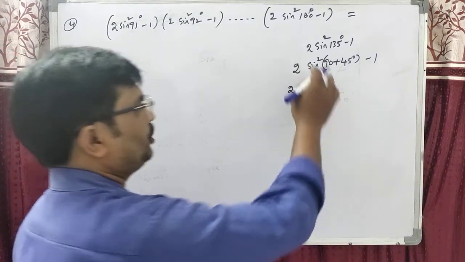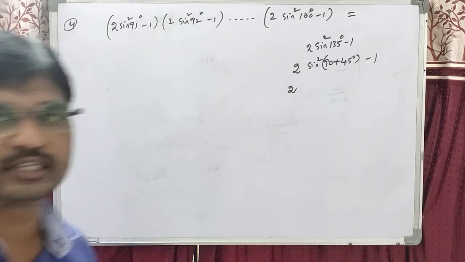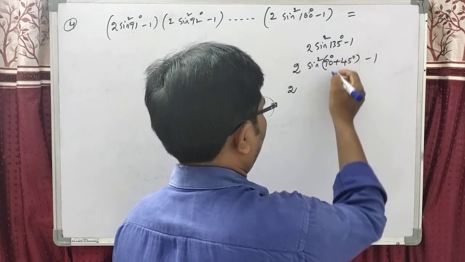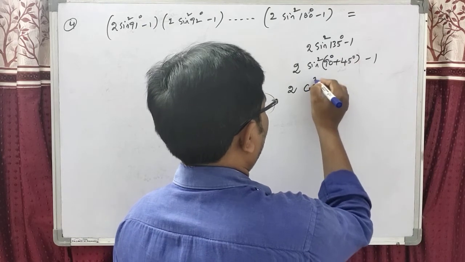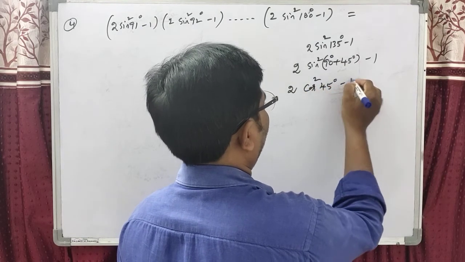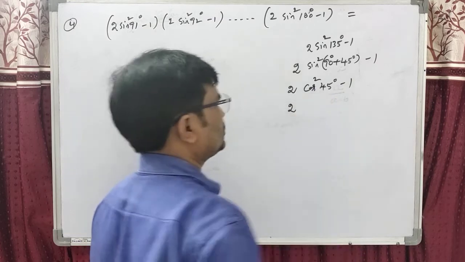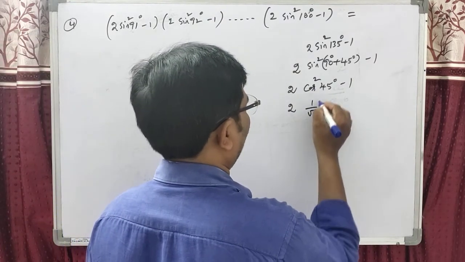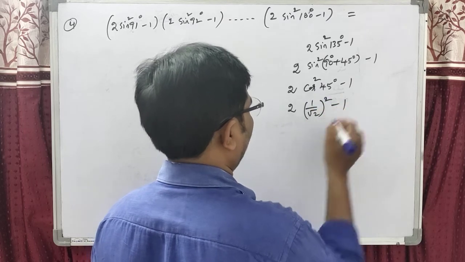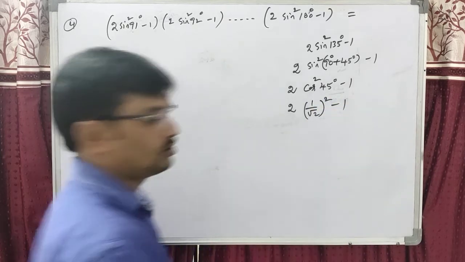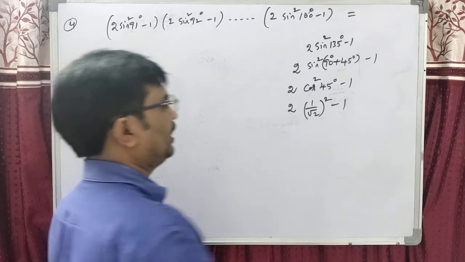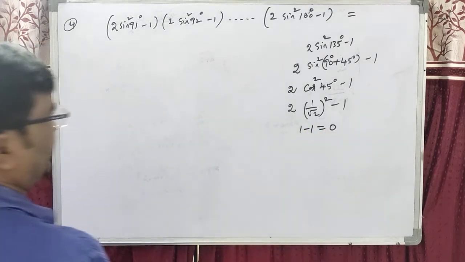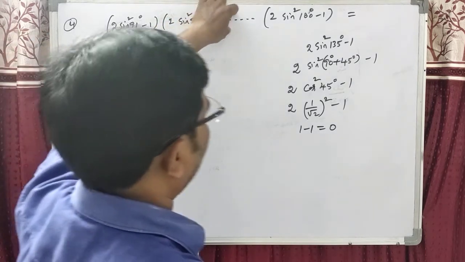Therefore, we can write cos square 45 degrees minus 1. What is cos 45, students? The cos 45 is 1 by root 2, whole square, minus 1. Now, dear students, square and root cancel. 2 by 2 is 1. 1 minus 1 is 0. Dear students, one of the values is 0.